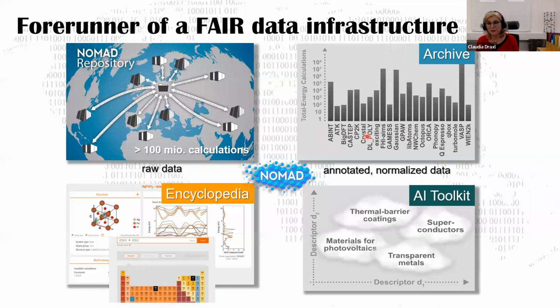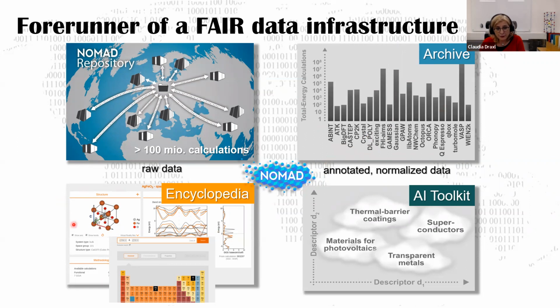That means that all the results come with a lot of veracity because people use different computational parameters, different units, different file formats. And what we have in the archive now is a normalized form where everything is brought to the same units and file formats. And of course, we had to develop a parser for each of these codes.